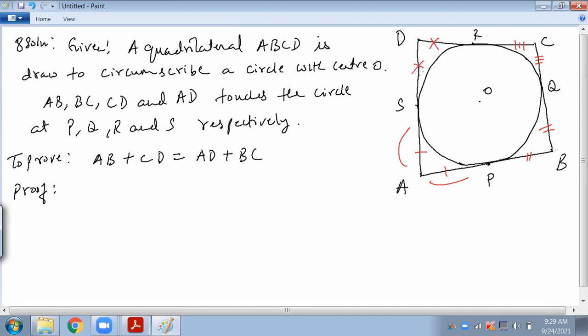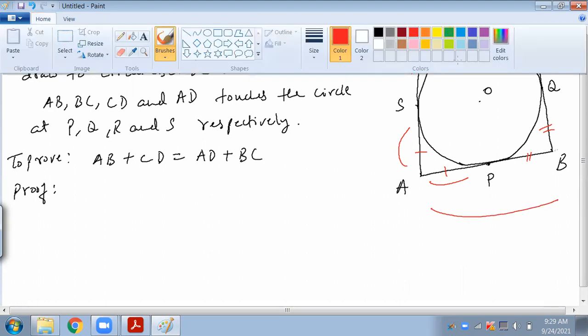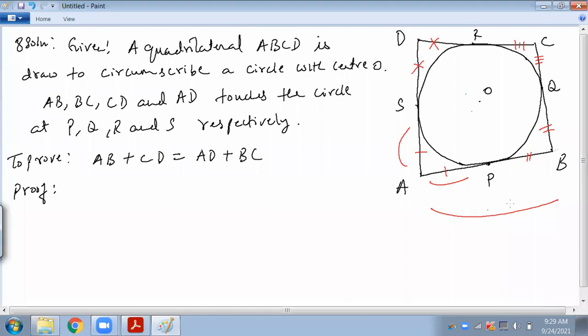Okay, so first we'll take that. We need AB and CD, which are opposite sides. So all the parts of AB and CD we will keep on the left.